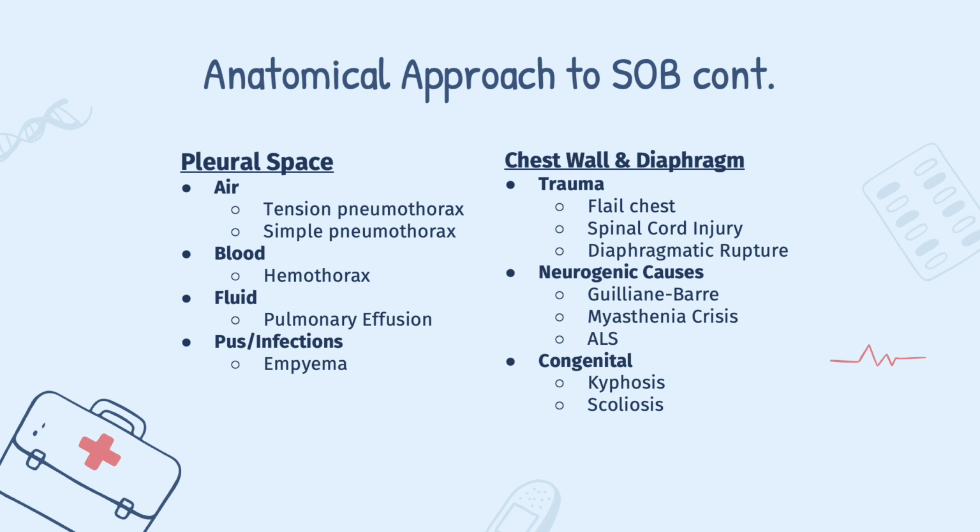Think about some of our neurogenic causes, so Guillain-Barré or myasthenia or ALS. And then some of our congenital issues. So scoliosis was just recently talked about. So really significant scoliosis, they just don't have the capacity to expand the lungs.